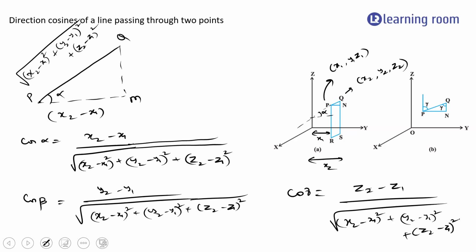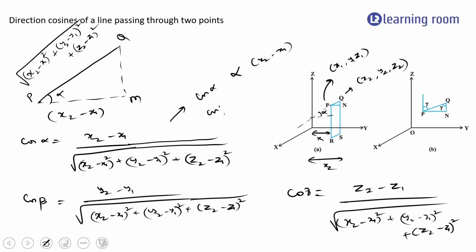So what can we conclude from here? What is the constant that is existing in all the three? Can I say 1 divided by root of this whole thing, 1 divided by the denominator? Right? So can I say from here that cos alpha is proportional to x2 minus x1?